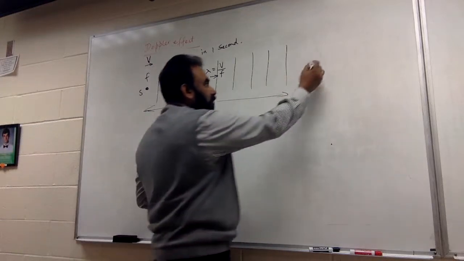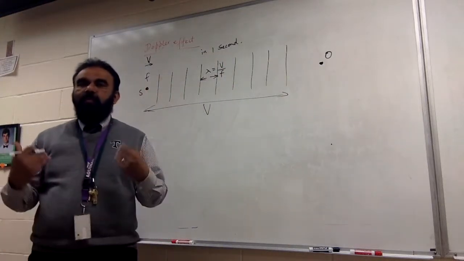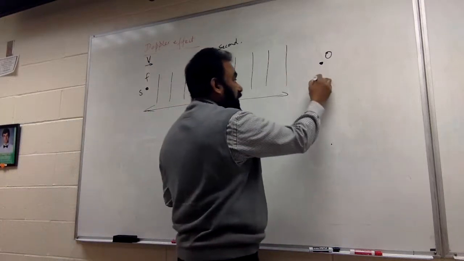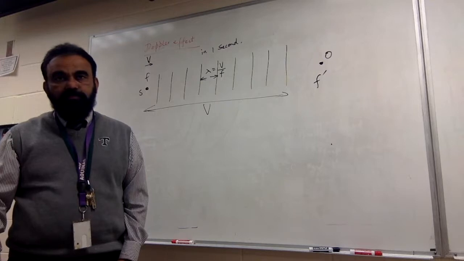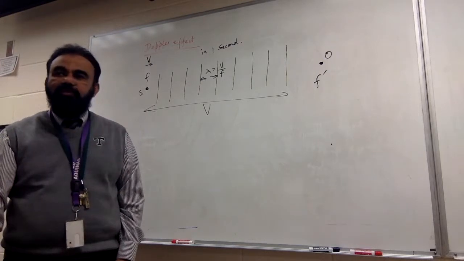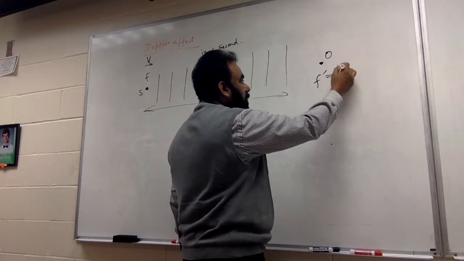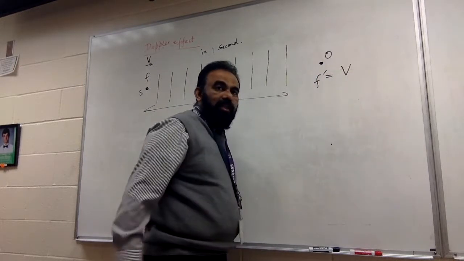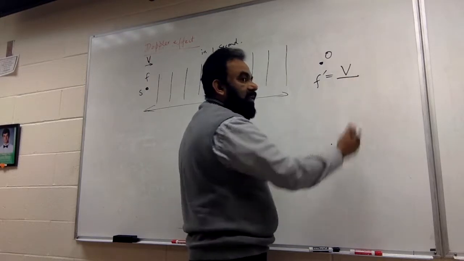Now let's look at an observer. The observer is hearing the waves with a new frequency. So I'm putting F prime as the new frequency that he is hearing. What frequency he hears depends on how fast the waves are approaching him, and it also depends on the wavelength.